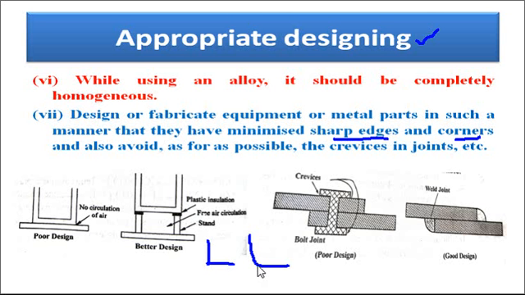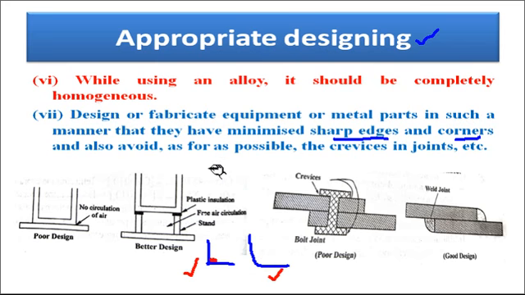In the curved parts, cleaning is very easily possible, and at the sharp corner points accumulation of dust particles is possible. So if dust particles are accumulated, differential aeration corrosion chances may increase. While in this type of curved corner structures proper cleaning is possible, so no deposition of dust or dirt particles takes place in this type of structures. Therefore we can minimize differential aeration corrosion chances.